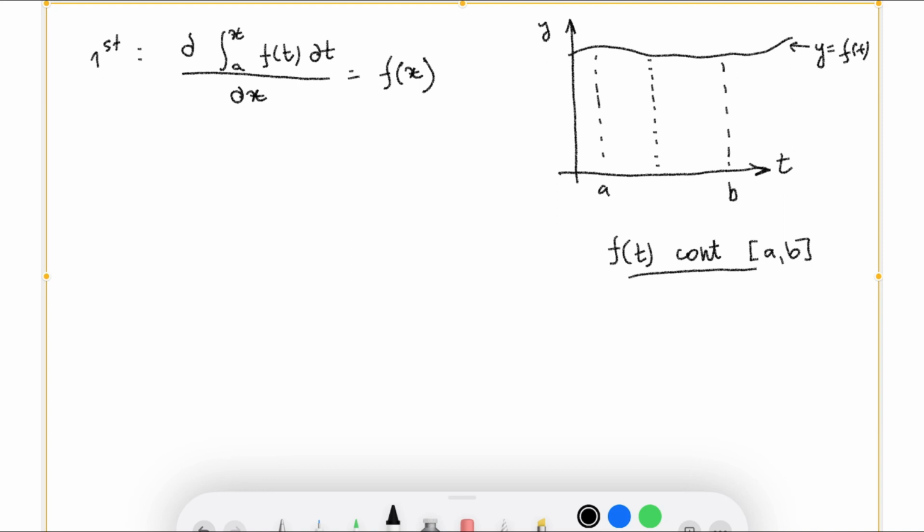So let's take in our interval a variable x, and we will denote the area under the function f of t between a and x as the integral from a to x of f(t) dt.